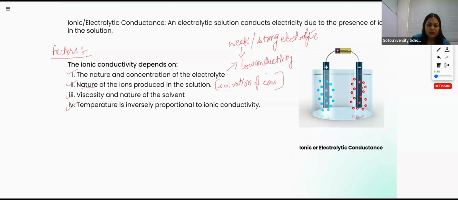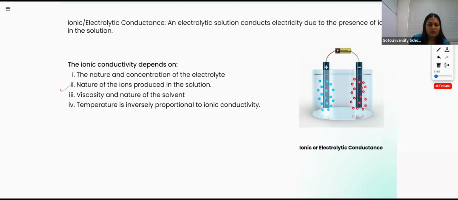So that is why it depends on the nature of electrolyte. If we are using a strong electrolyte, then the conductivity of the ion will be high. If we are using a weak electrolyte, the overall conductivity of the solution will be low.